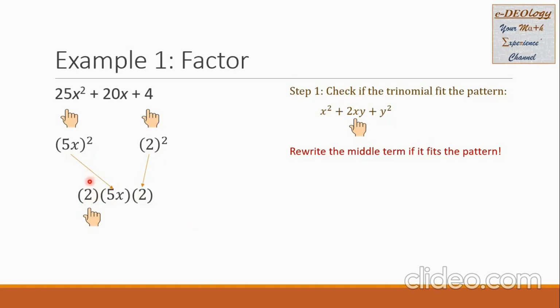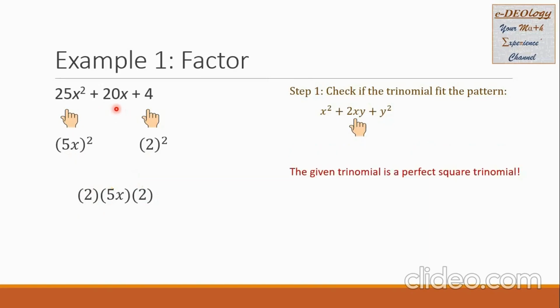When we multiply these 3 factors here, we are hoping that the answer will be the middle term. So 2 times 5x times 2 will give us that positive 20x. So it means to say this given trinomial is a perfect square trinomial.